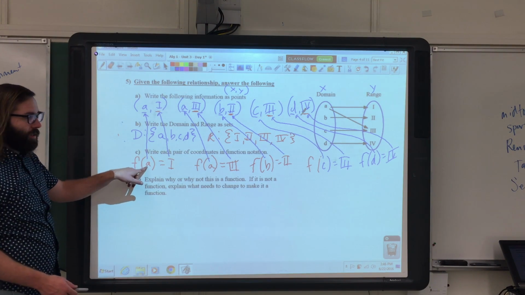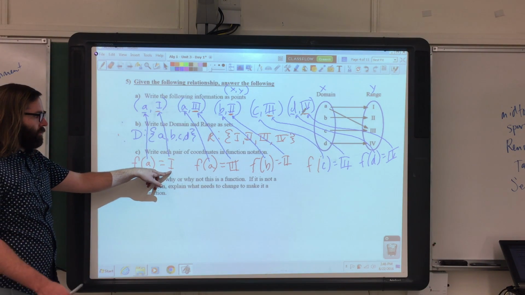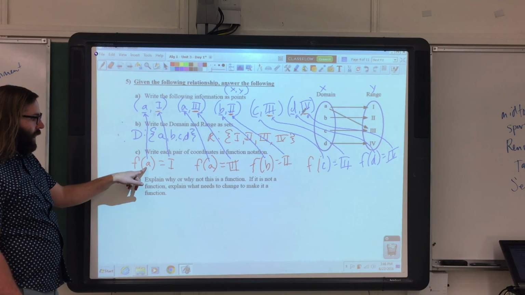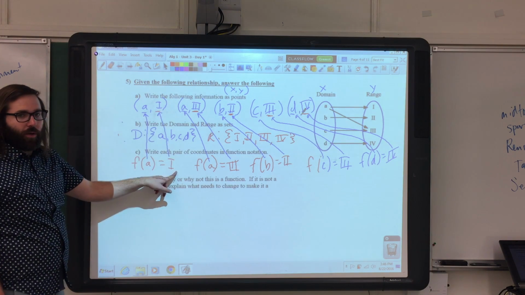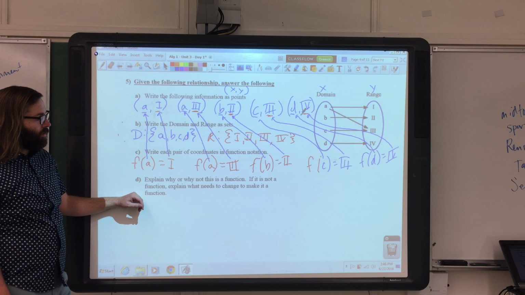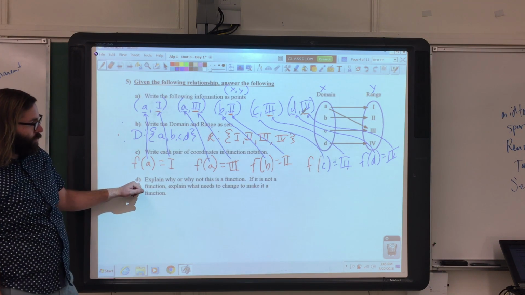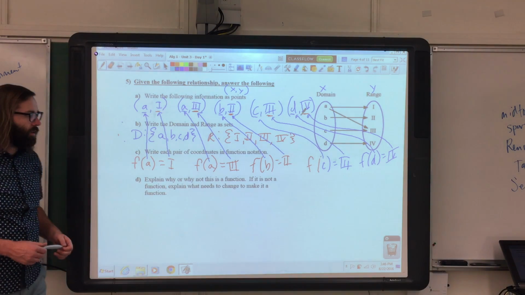Remember, this is just your input, these are your x's. This is whatever your y is. So for our ordered pairs, it's always x, y. So f of x, our x goes here, and our y's go here. Okay, for part D, explain why or why not this is a function.